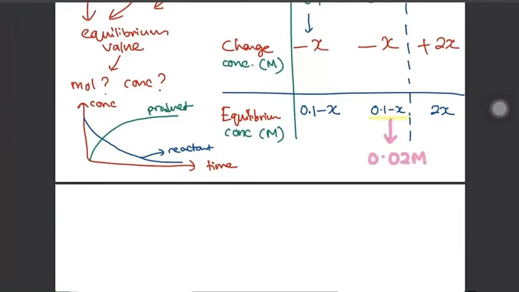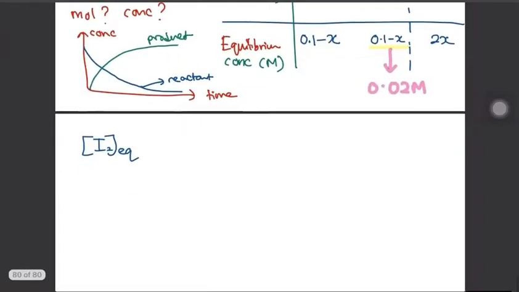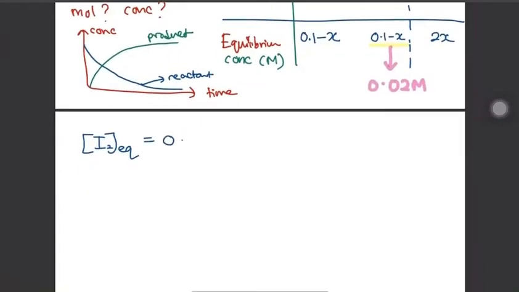So show that calculation. Equilibrium concentration of iodine. How are you going to write that? The equilibrium concentration of iodine in shorthand is [I2] at equilibrium equals 0.02 molar.